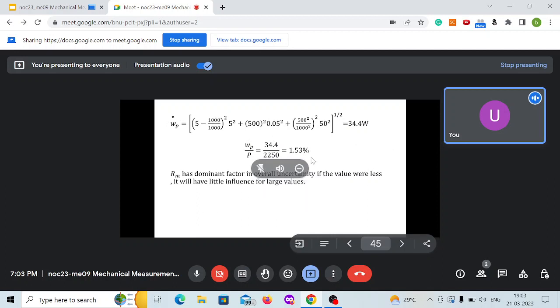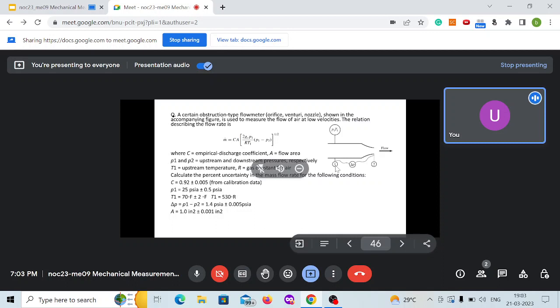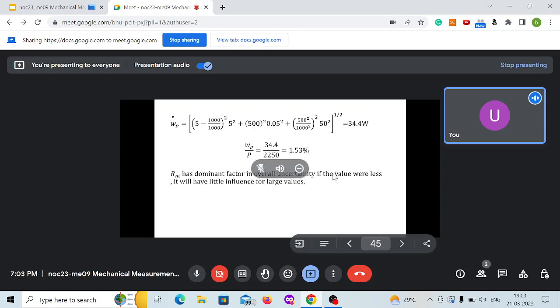When the RM value is close to the R value, then you will have trouble. For the voltmeter, as we also saw in the previous week, the requirement is that the RM value should be very large compared to the load. The same requirement applies here.